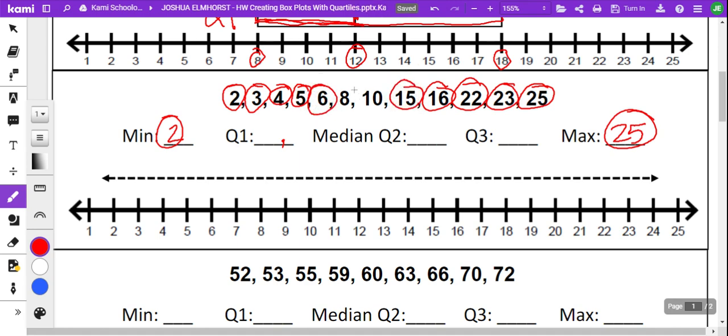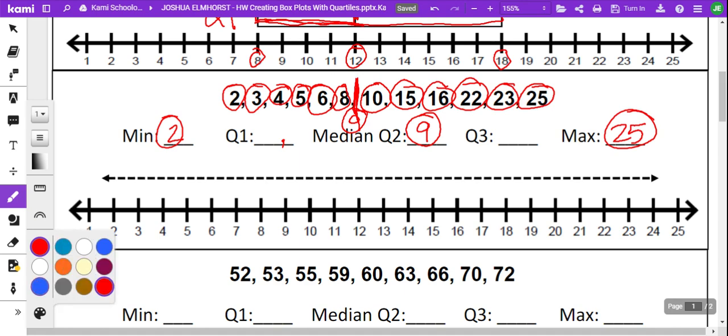Now there's 2 numbers left in the middle, so we're going to split between those. So we have an even data set, so we're going to write in what the median would be. So 9 would be splitting 8 and 10. So 9 is our median or the split in the data.